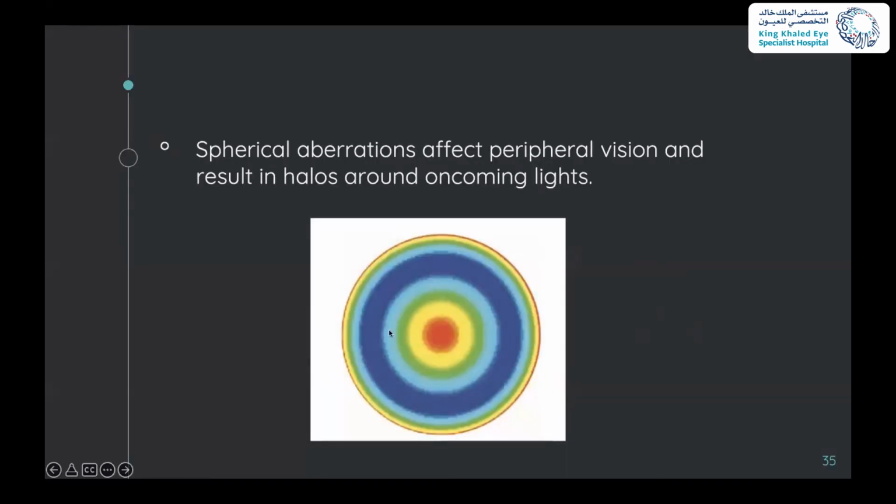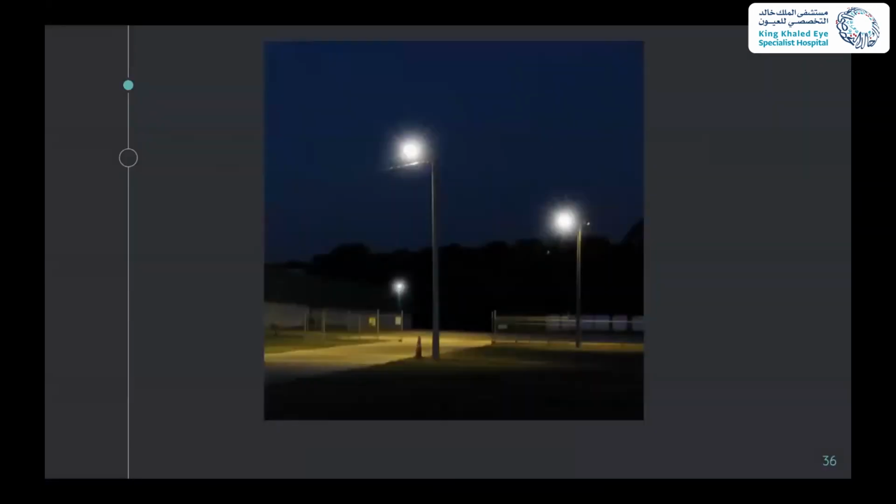This is an example of a patient who underwent a hyperopic ablation, and this led to a different corneal power, or a disparity between the central part of the cornea and the peripheral part. This will let the patient see halos around lights. This is exactly how a patient with a spherical aberration sees, especially at night time.